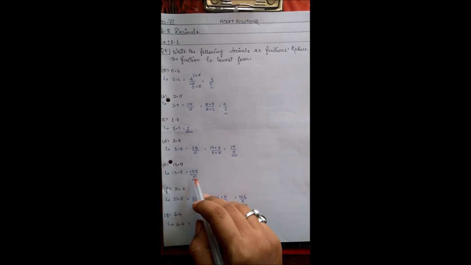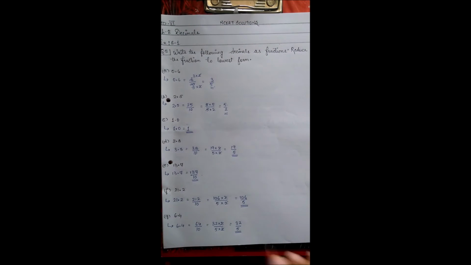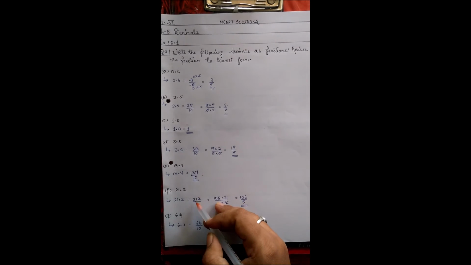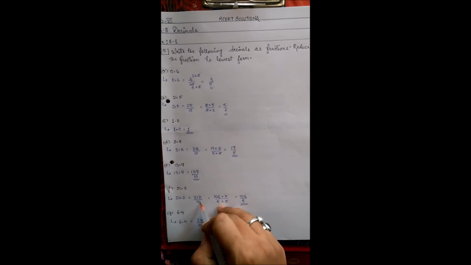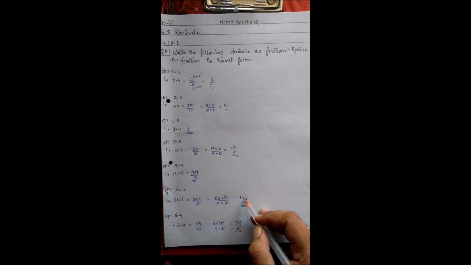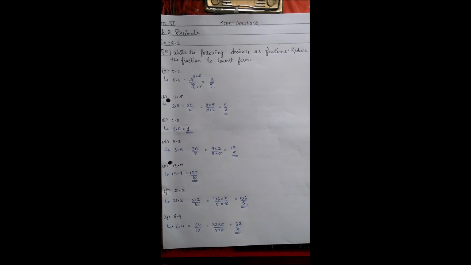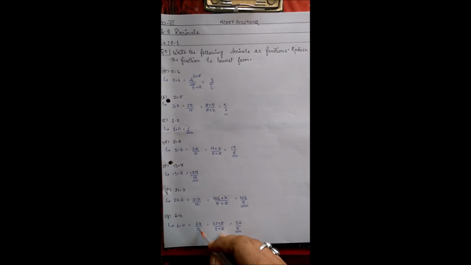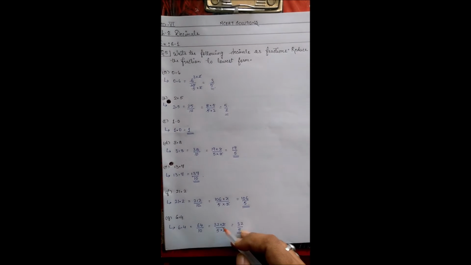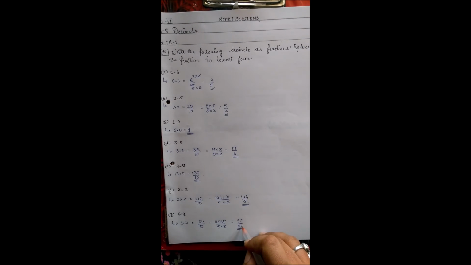And we can't reduce this fraction. Next, 21.2. So 21.2 can be written as 212 upon 10 and the reduced form is 106 upon 5. 6.4. 6.4 fraction form is 64 upon 10. Reduced form is 32 upon 5.